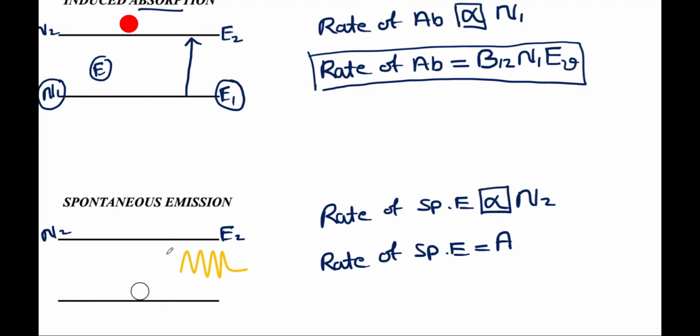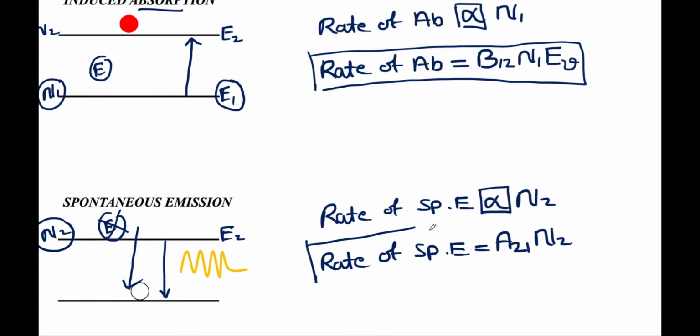The transition of the electron takes place from E2 to E1, so we write subscript 2 1. How many electrons? N2 electrons, so we write N2. To make a transition from E2 to E1, does it require energy? No, it doesn't require energy. That is it for the rate of spontaneous emission.